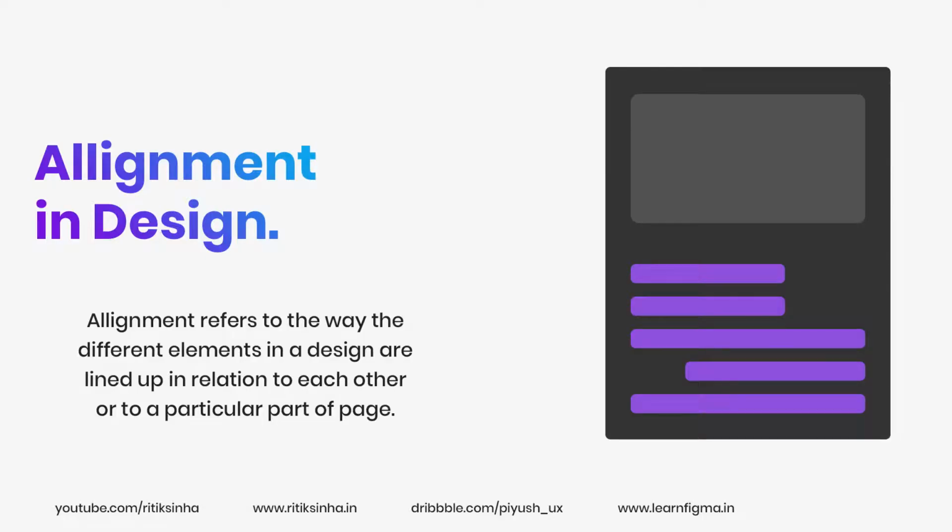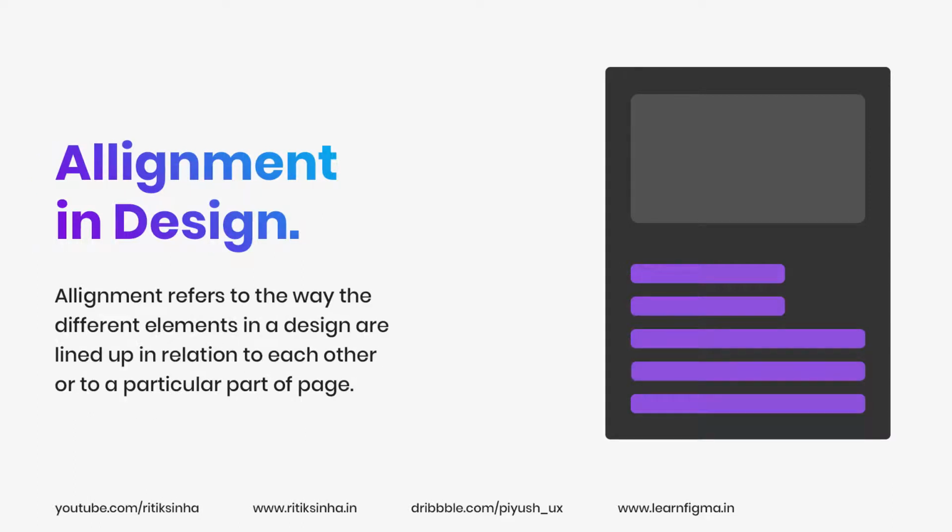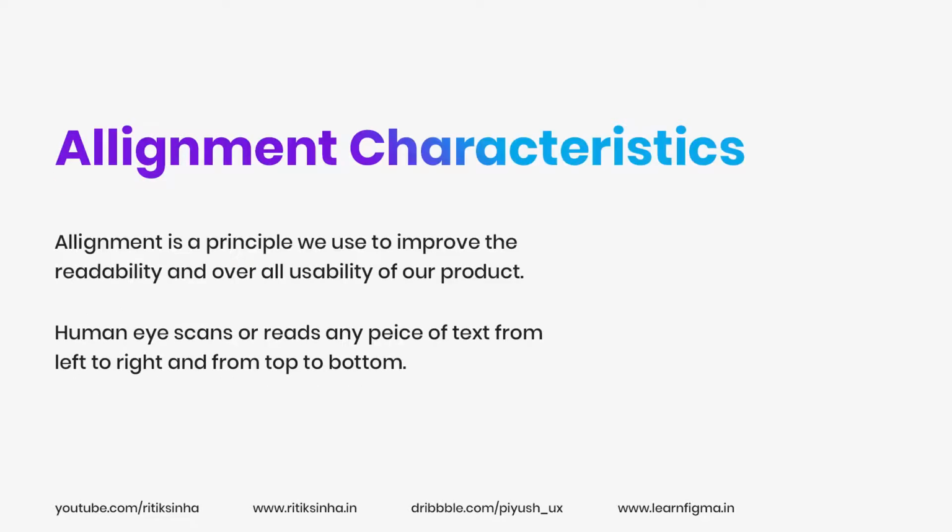The next or the second principle I wanted to talk about is alignment. Alignment refers to the way the different elements in a design are lined up in relation to each other to a particular part of the page. Alignment is a principle we use to improve the readability and overall usability of our product, which can be, like I said, anything.